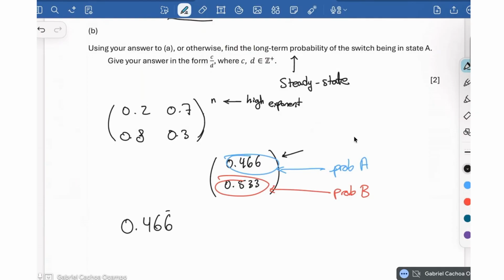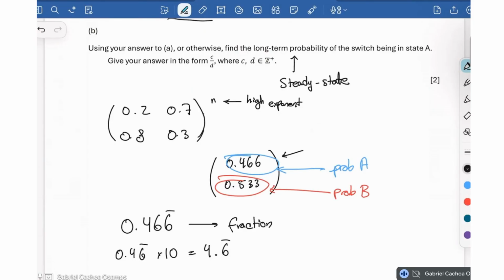So the only complicated thing that we should be doing right now is turning 0.466 into a fraction. But I think that is not that hard. A way of doing it could be this: if I multiply 0.46 times 10, it is the same as 4.6.